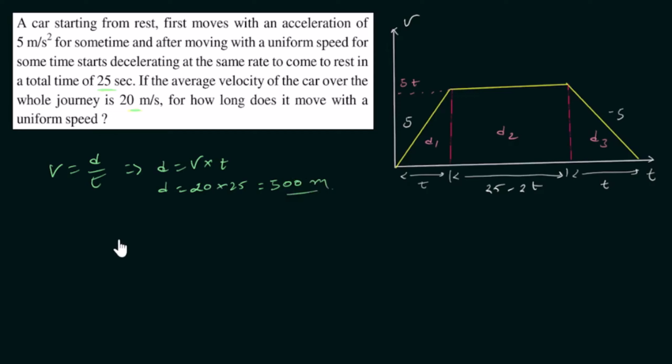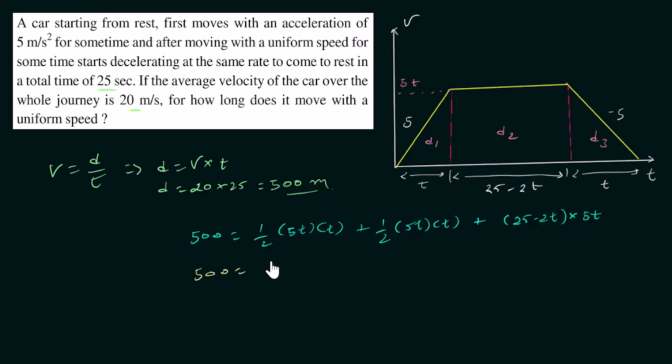Now the area under this graph will give us the total distance, which is 500 meters. So 500 equals half 5t into t, plus half 5t into t, plus (25 minus 2t) into 5t.